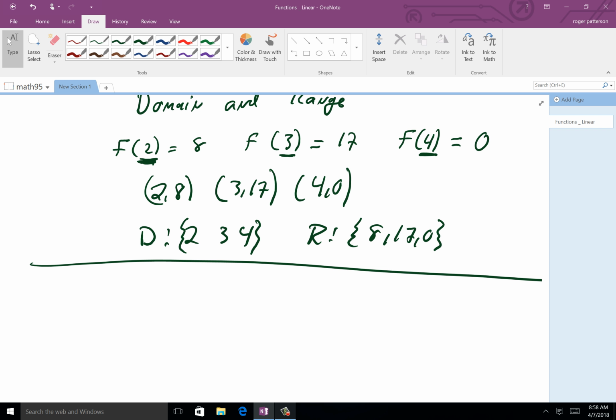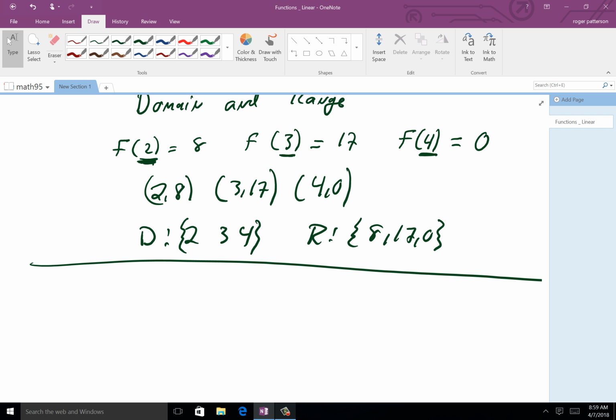Domain is hard to explain from a graph, but basically, if I took this line, and domain is x, and I folded it down onto the x-axis, I would cover everything on that x-axis. So then the domain would be all real numbers.